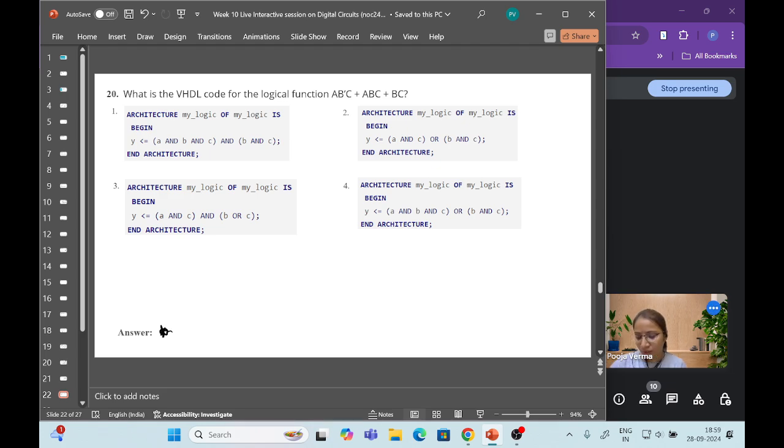Now the next question is, what is the VHDL code for the logical function AB-C plus ABC plus BC? Please check the options and try to answer this question. What is the VHDL code for the logical function? The logical function is given as A B-C plus ABC plus BC.